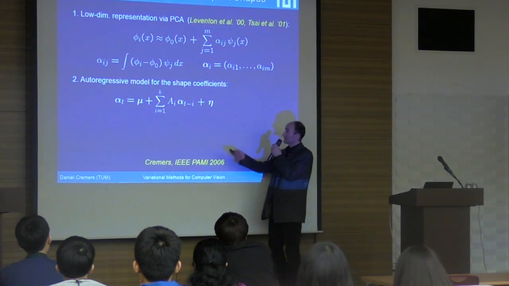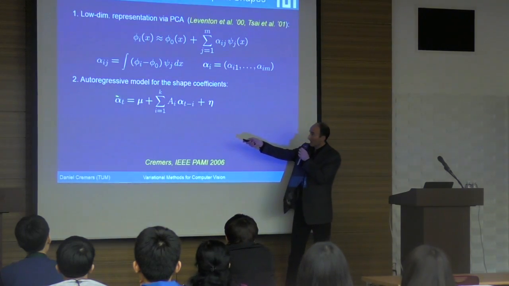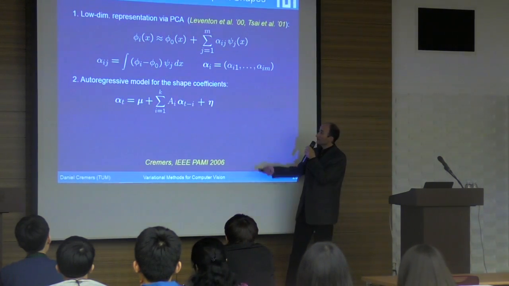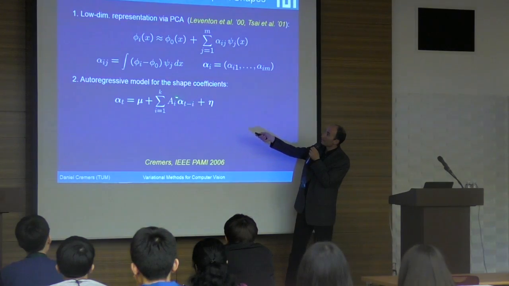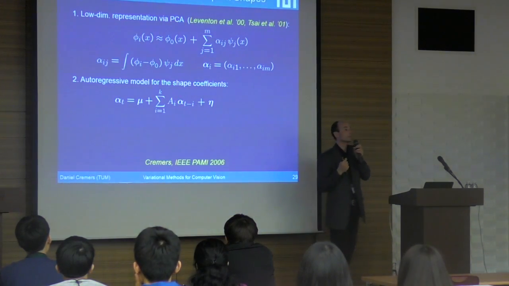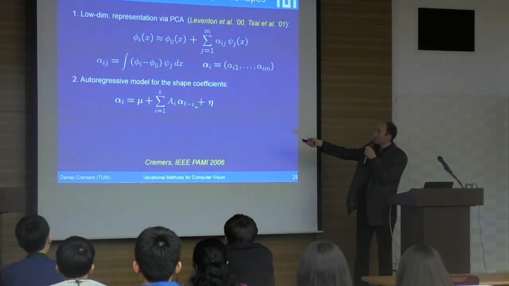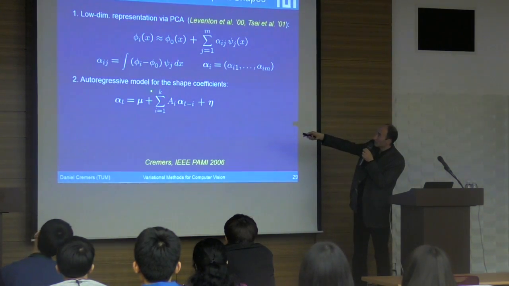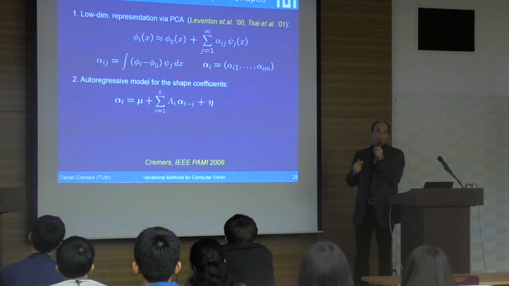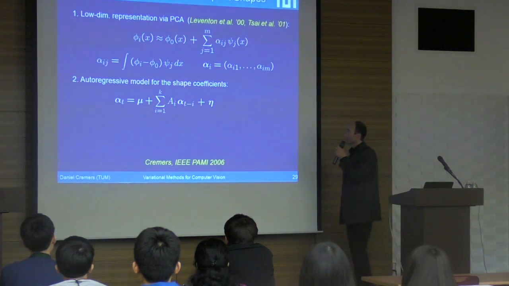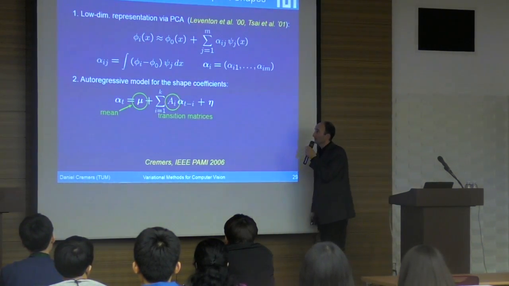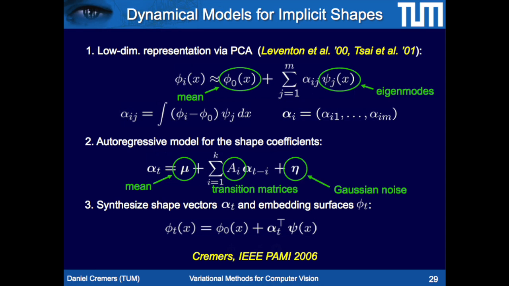It basically states that this shape vector alpha at time t is nothing but a linear combination of the shape vectors at previous times, at times t minus 1, t minus 2. And for a model of order k, you would go to t minus k back in time. And then there is a mean, and these are called transition matrices, these coefficient matrices that model that linear combination.